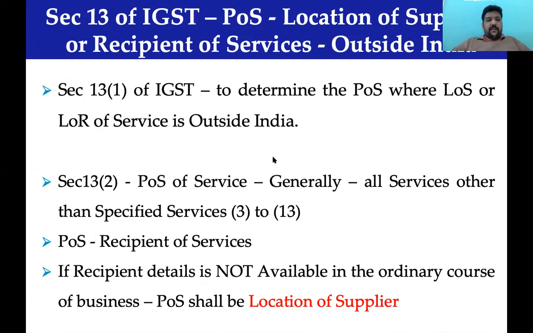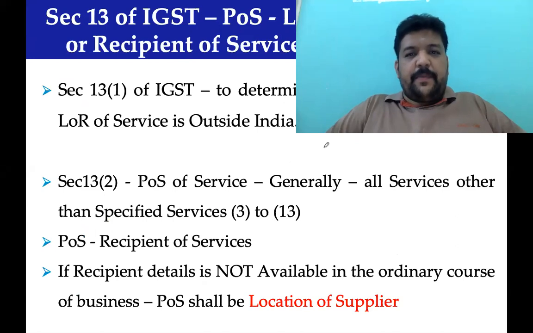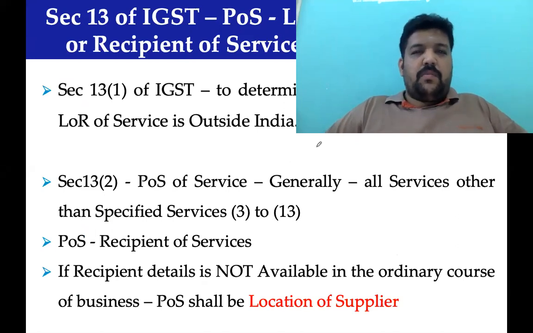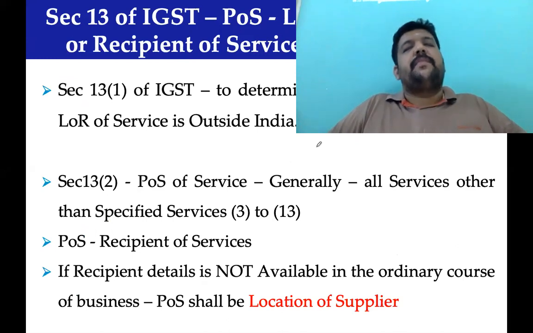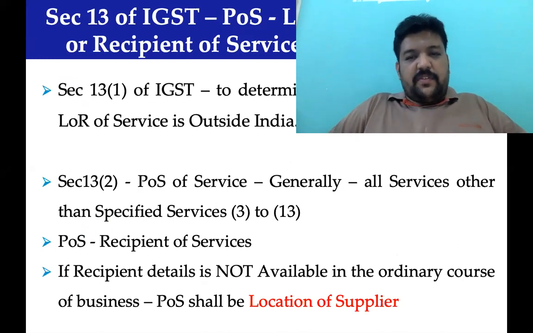Getting into Section 13 of the IGST Act, as we have highlighted earlier, it's a common section which discusses both import of service as well as export of service in a little different way, where Section 13 is coined as determination of place of supply, where either the location of supplier or the location of recipient of service is outside India.